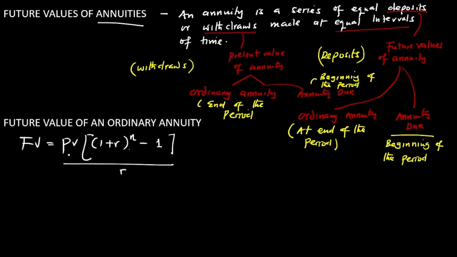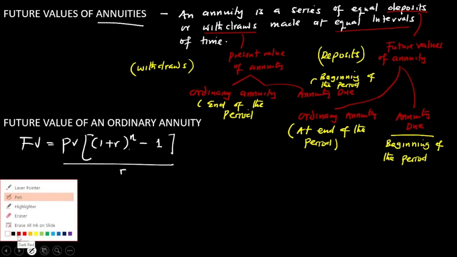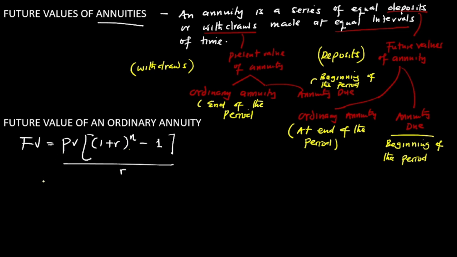So this so-called present value may also refer to the deposit that's made at the end of a period. So the deposit that's made at the end of a period can also refer to the present value.